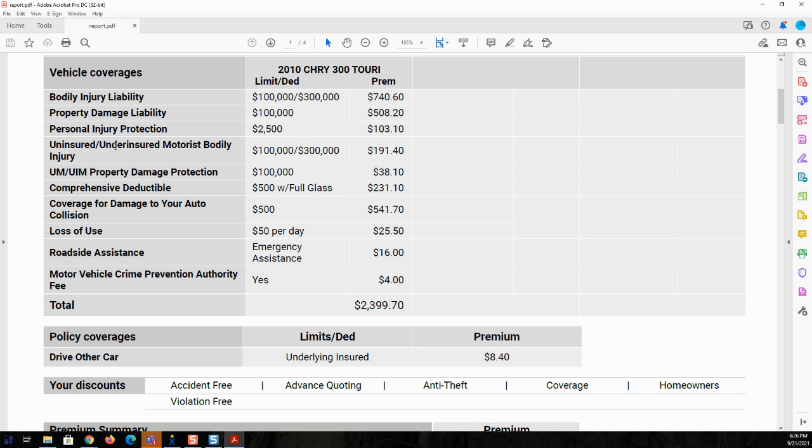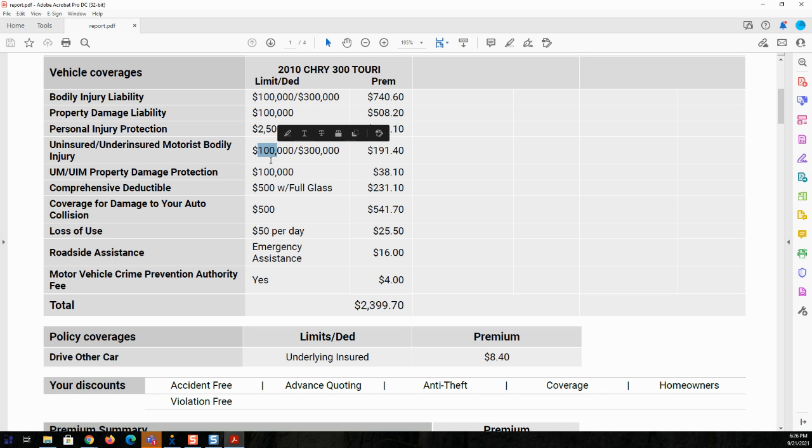If it is an underinsured situation, the second option here, and let's say the person that caused the injury had $50,000 in liability insurance and you have $100,000 worth of expenses. Well, in this particular instance, their insurance would pick up 50,000 and Safeco would pick up the other 50,000 and you would be within limits.